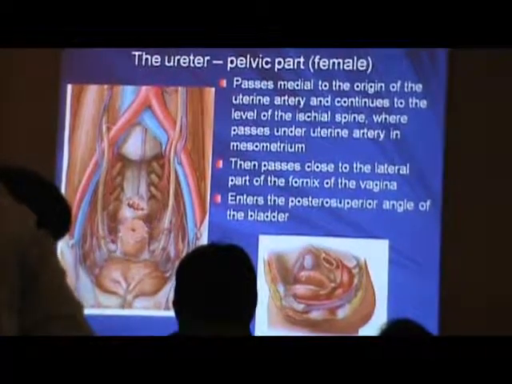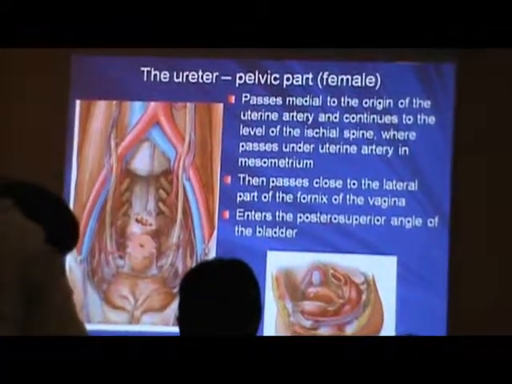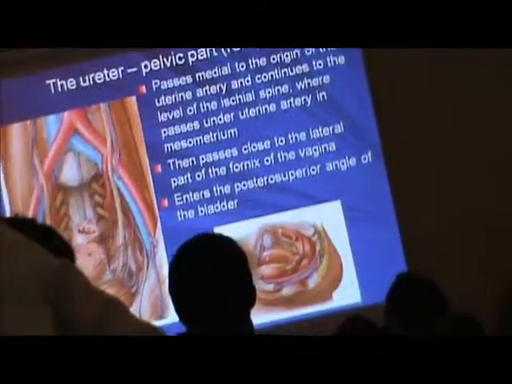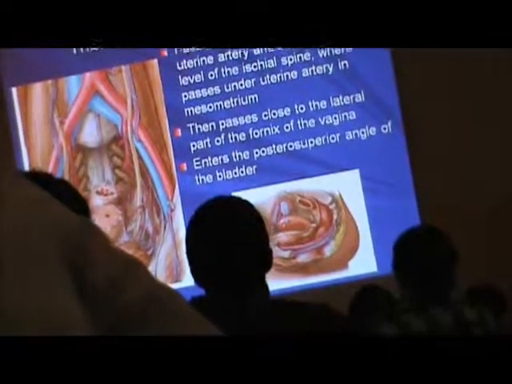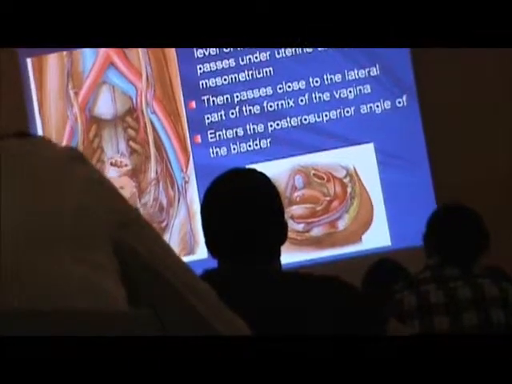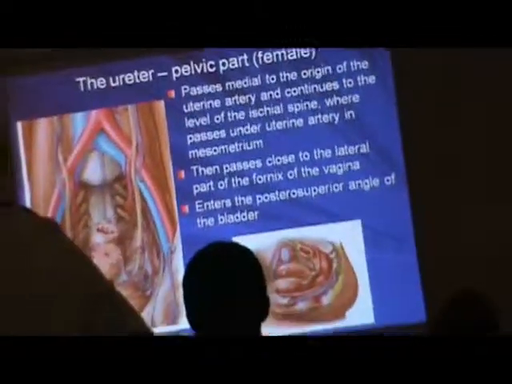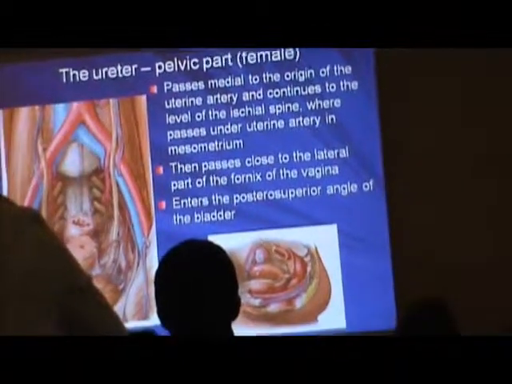It's very important, the topography of it. In some American tests, you can find that they very often ask about it, because for gynecologists it's a very important relation between the ureter and the uterine artery.